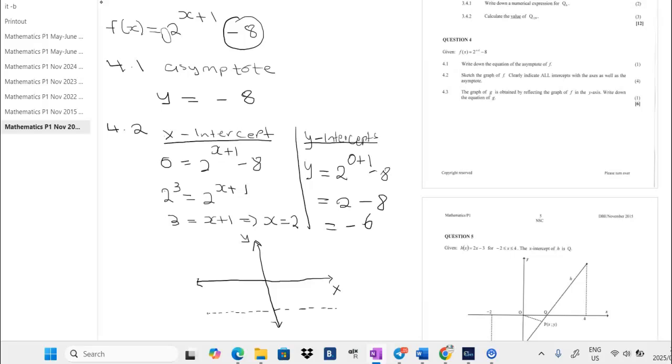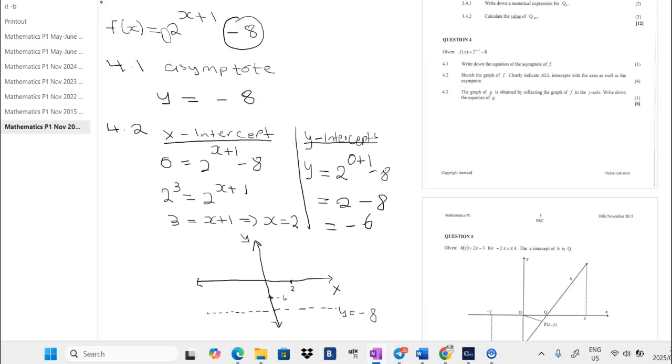So what we're supposed to do now is to sketch our intercepts. Here y equals -8 is our asymptote. Then we also have our y-intercept around here, where it's -6, and we have our x-intercept around somewhere here, where the graph cuts at 2.